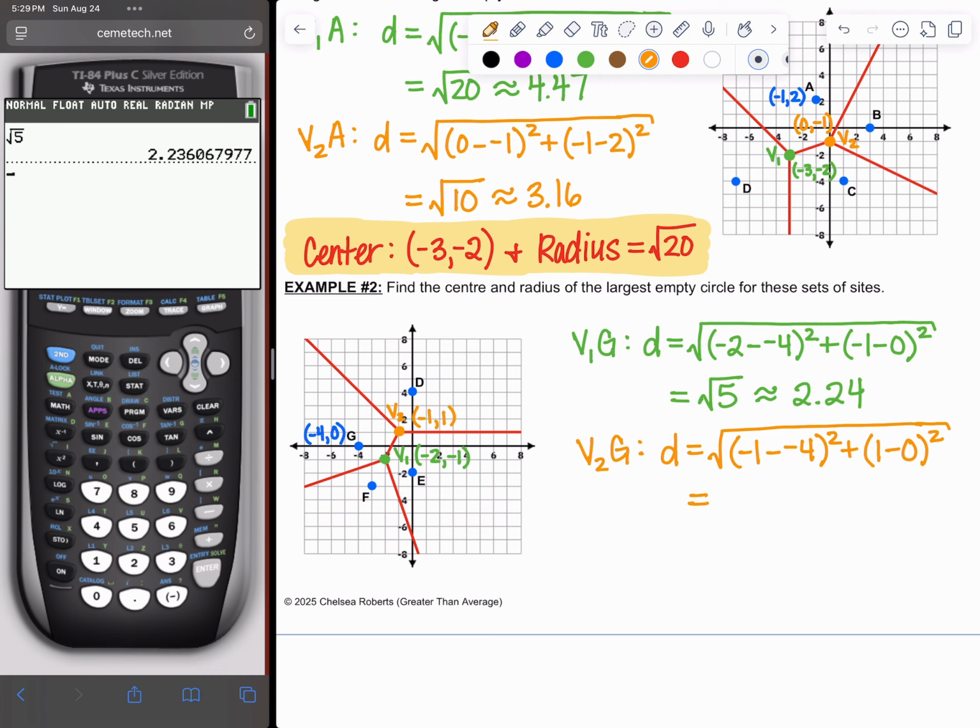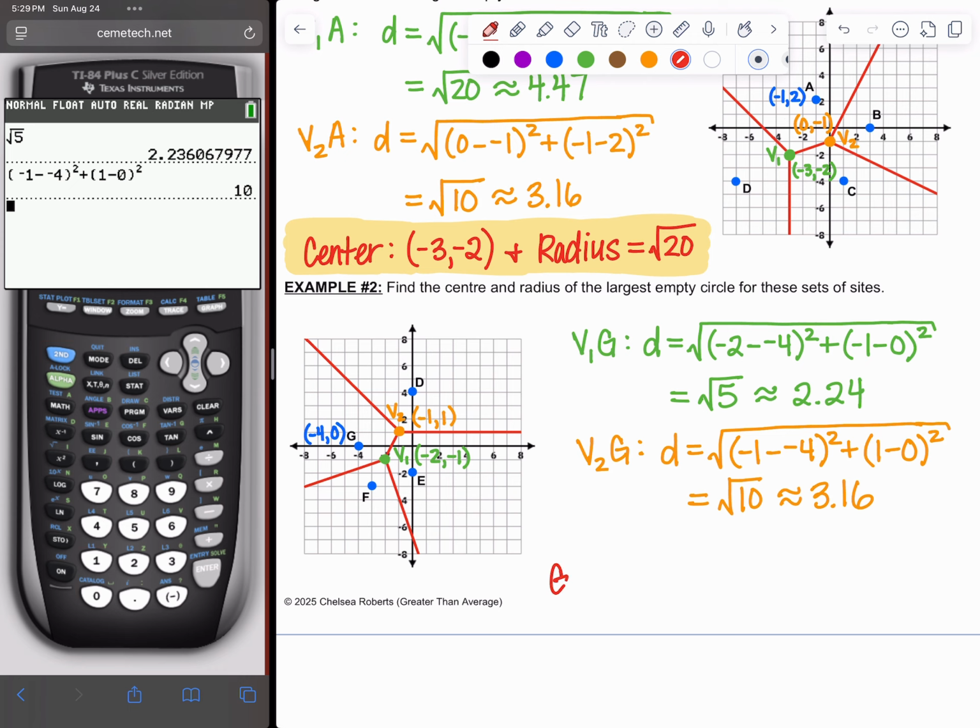And remember, if you need to, label your points x1, y1, and x2, y2, so you don't get them mixed up. So we have -1 minus -4 squared plus 1 minus 0 squared. We get the square root of 10, which we already know from the previous problem is 3.16. So as you can see here, vertex 2 is going to create the greater distance.